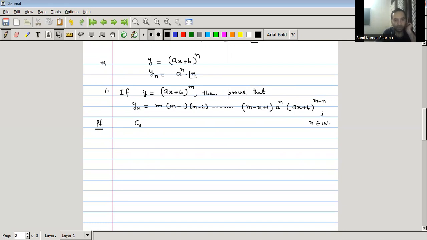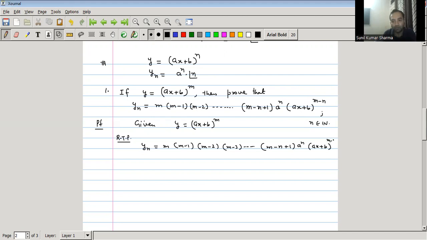So what is given? Given y is equal to (ax plus b) to the power m. This is given, and we are required to prove yn equal to m into (m minus 1), (m minus 2), (m minus 3) into (m minus n plus 1) a to the power n into (ax plus b) to the power (m minus n), for n belongs to natural numbers, right?